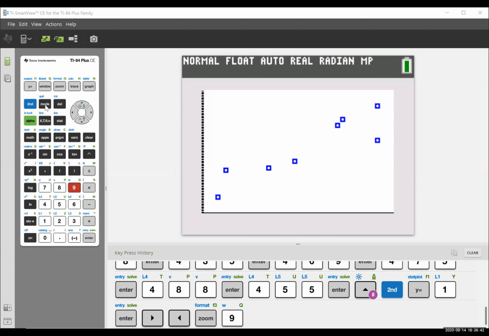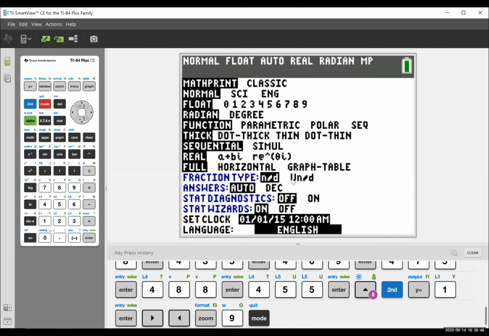Since this is chapter 4, make sure that you go to your mode and then go down to stat diagnostics and make sure to turn it on. Enter.